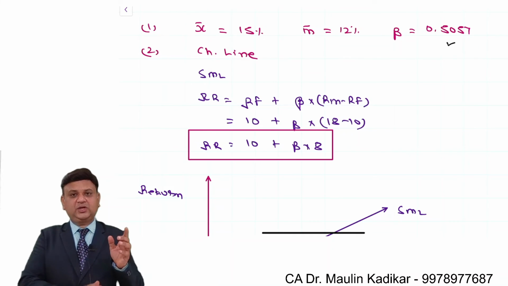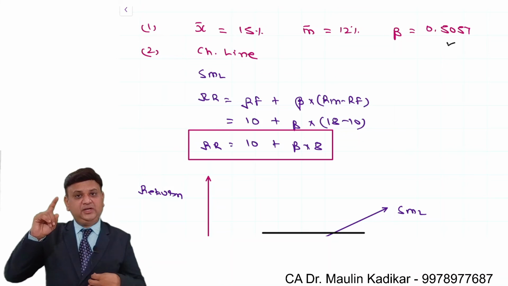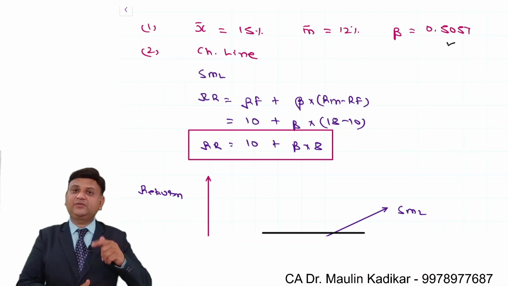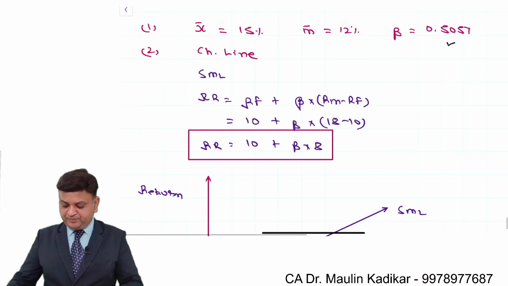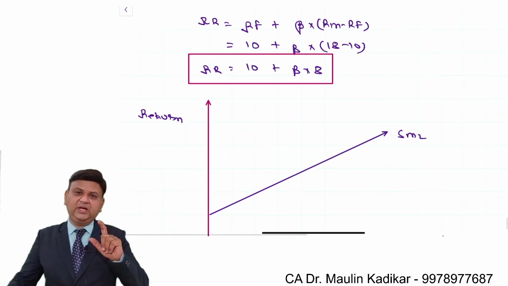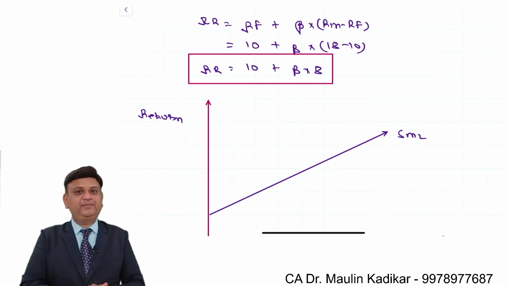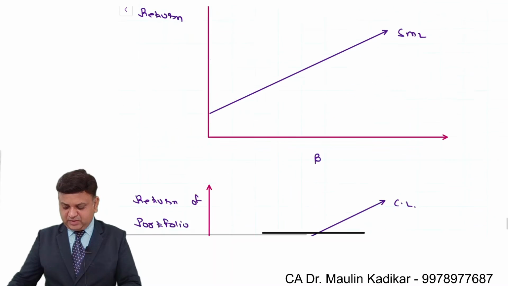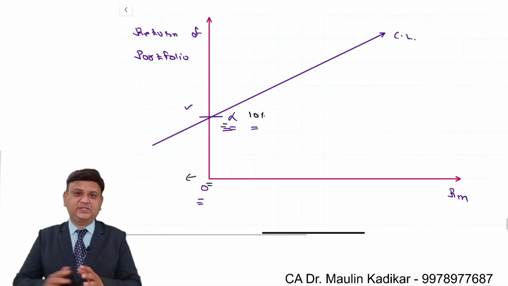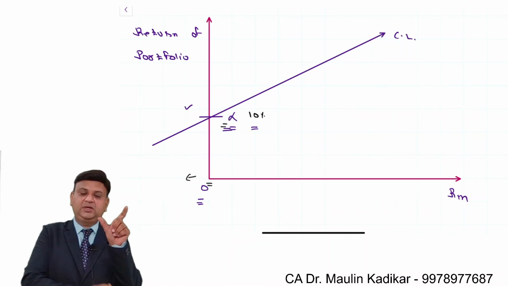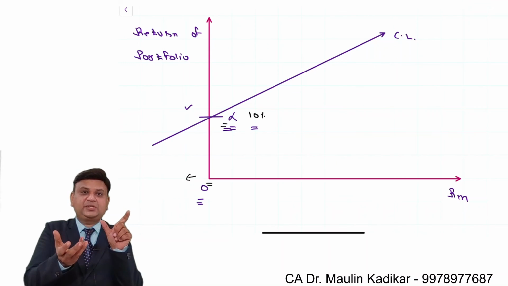In that, you are required to form an equation similar to the equation that we were forming in the case of the security market line. The equation in the security market line was RF plus beta into RM minus RF. Similarly over here, we are required to form an equation as alpha plus beta Rm. That is the equation. Now what is the meaning of this equation?